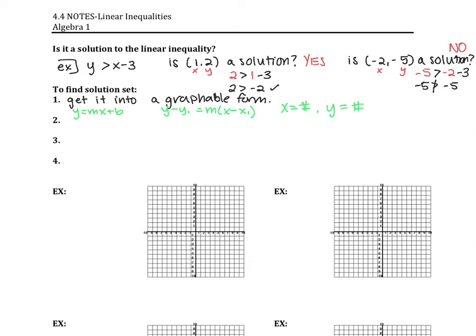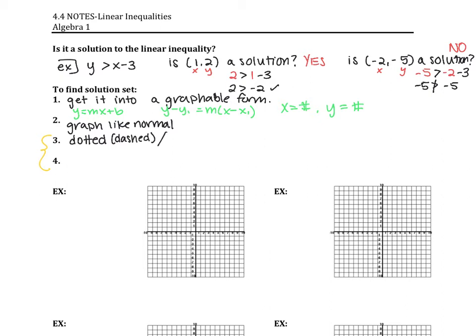Okay, so once it's in a graphable form, we are going to then graph it like normal, just like we would if it was an equation. Then the next two parts are a little bit different than just graphing equations of a line. The first thing that we need to consider is, is the line going to be dotted? Some people say dashed.